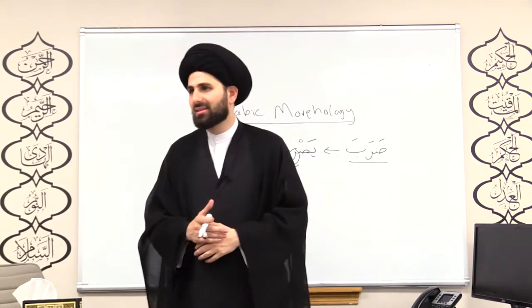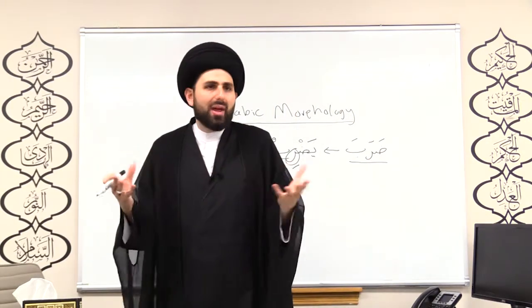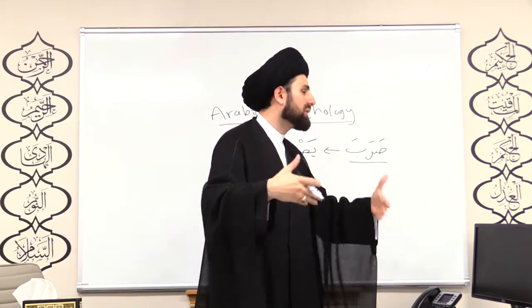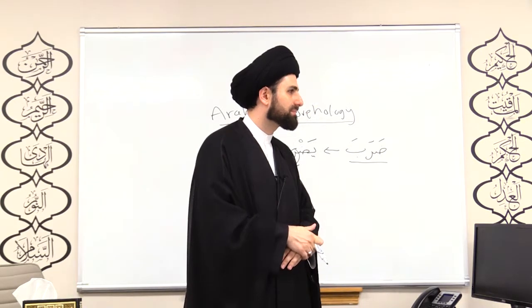It's possible. Is there a clear rule that I can share with you? Unfortunately, no. There is no clear rule. This is something suma'i. You just have to learn from the Arabic language through experience and practice and being familiar with the language.